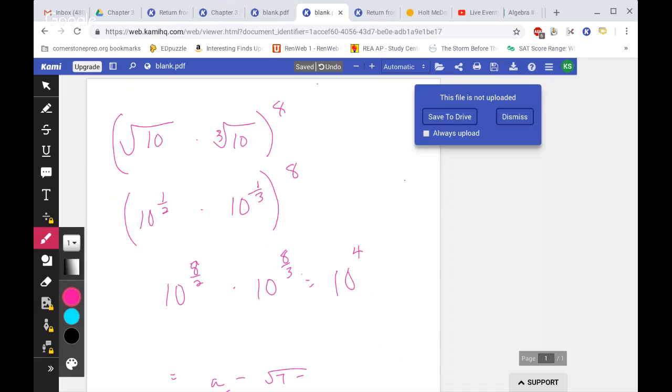And then this is the cubed root. Here, there's a couple ways to do this. 3 goes into 8 2 times with 2 left over.